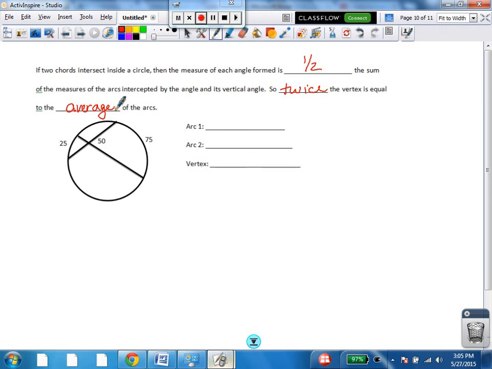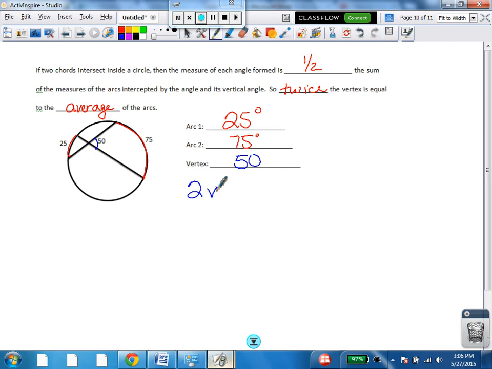This is what I'm going to work through with you. So in this case, we have arc 1. It doesn't matter which one I call arc 1. We're just going to say it's 25 degrees. Arc 2 is 75 degrees. And the middle is 50. Now, in words, I said twice the vertex. So I'm just going to write that equation.